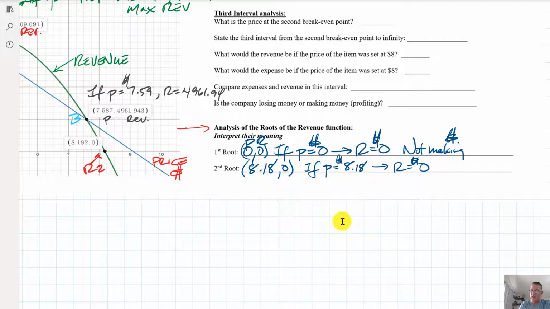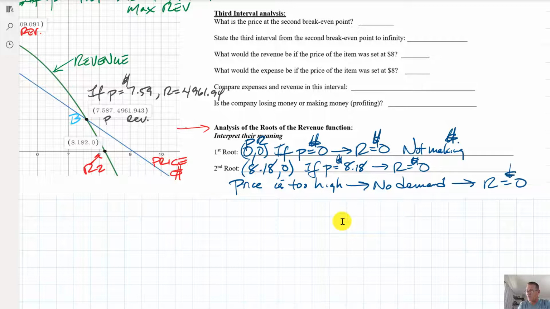The revenue is 0 there because the price is too high. There's no demand for it, and because there's no demand, they don't sell anything, and that means R is going to be equal to 0. They're not going to make any money here either. That's the interpretation of the roots.